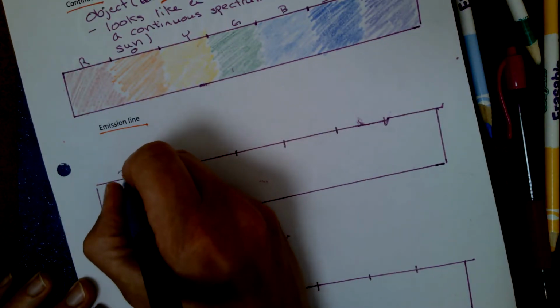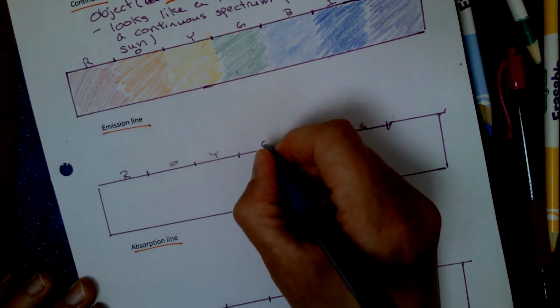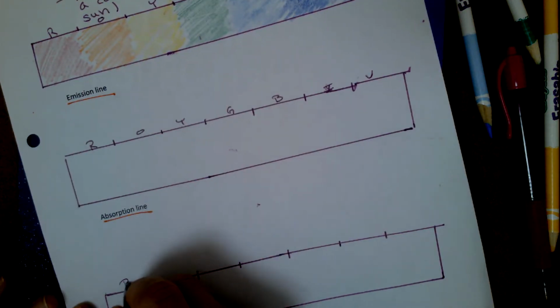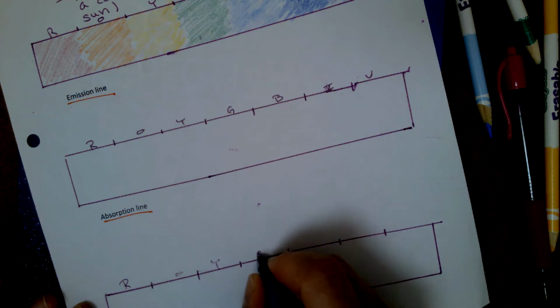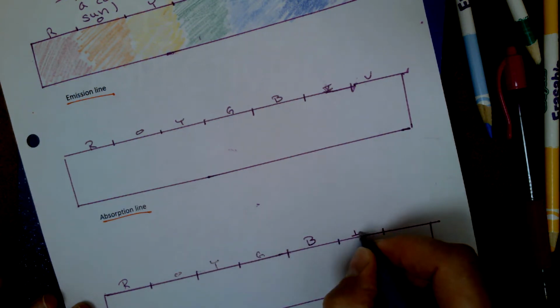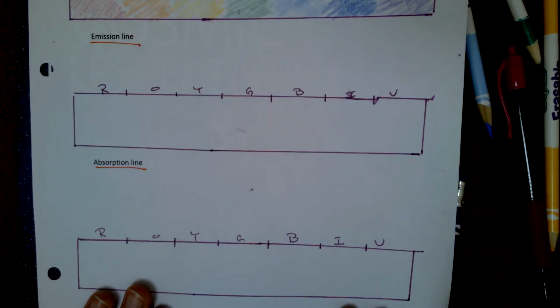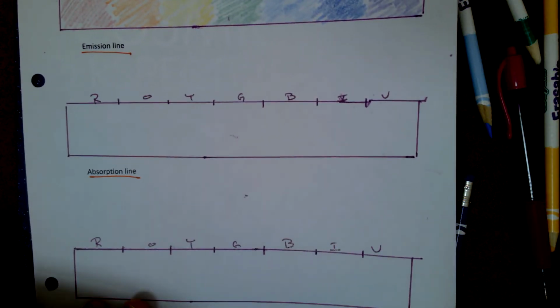I'm even going to enter in my Roy G. Biv along the top and my Roy G. Biv down here. So these should be matched up together. I'll give you a moment to do that.